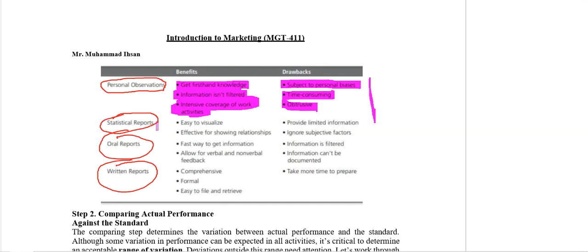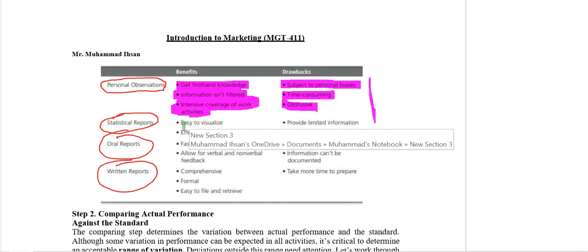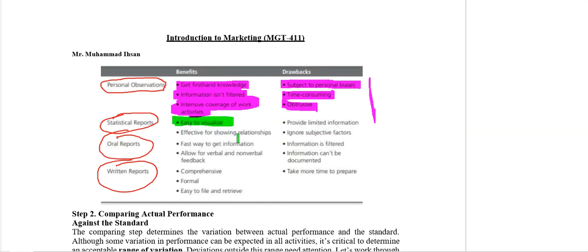Number two, statistical report. The benefit of statistical report is that it is easy to visualize. Since we have the statistical reports in front of us, we can visualize the reports very easily. It is effective for showing relationships, so we can show different relationships.